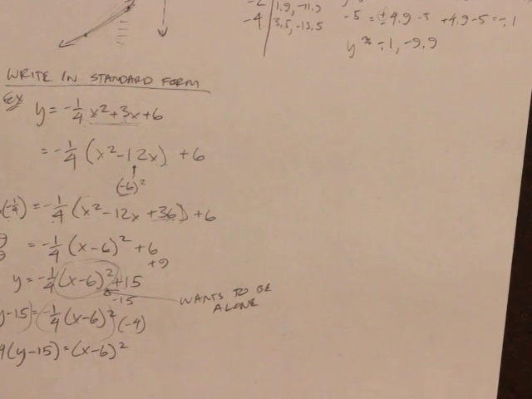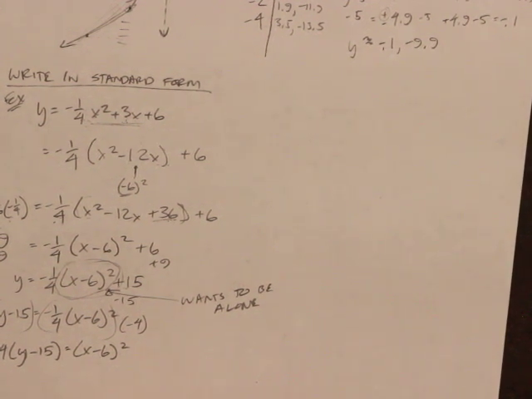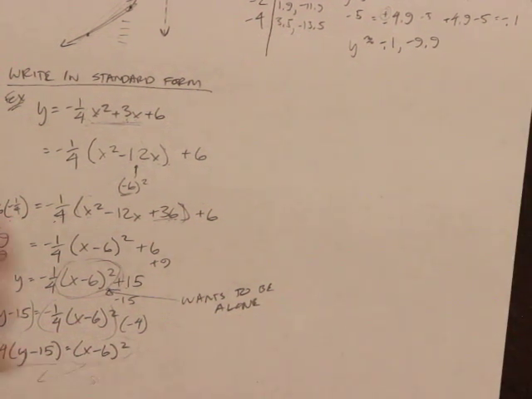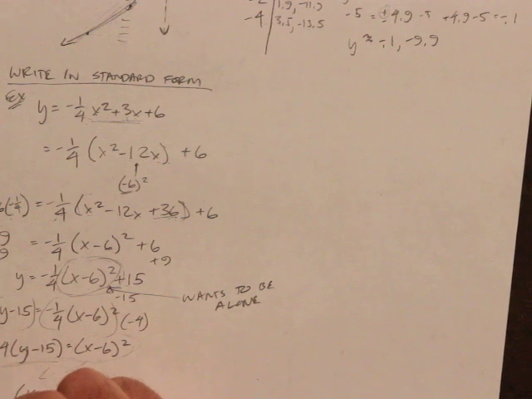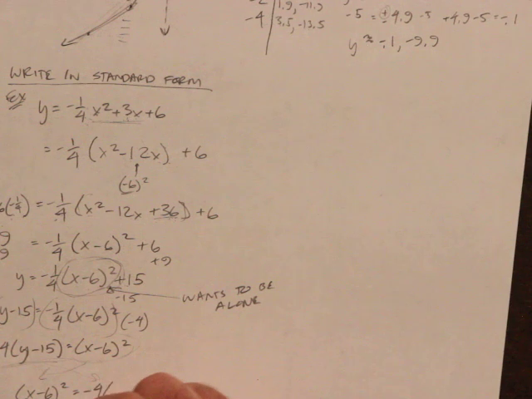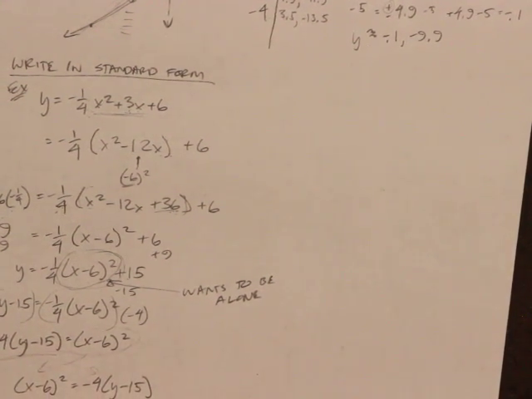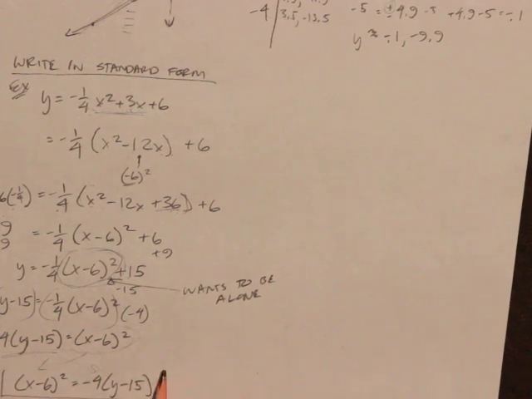I'm almost all done. What I want to do here, though, to put this in standard form is I want the squared part to be on the left and the non-squared part to be on the right. So I'm just going to switch them. x minus 6 squared equals negative 4 times y minus 15. And that is my final answer.